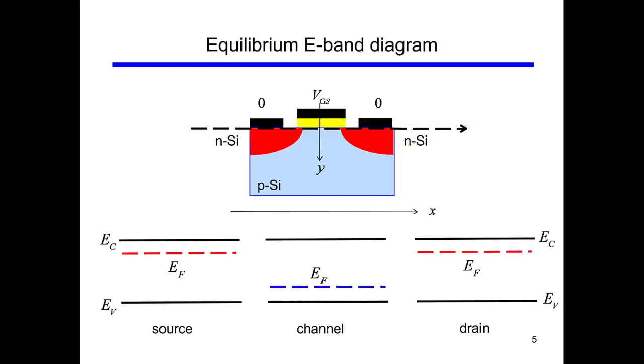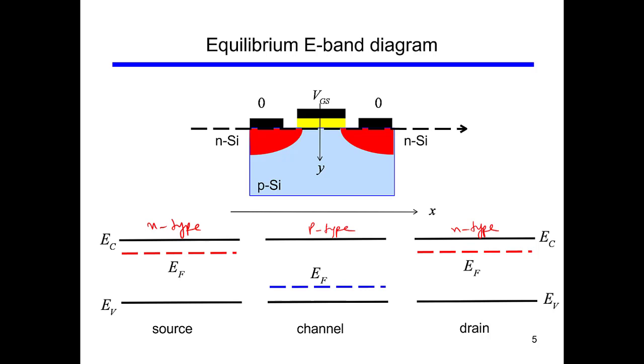So again, we can draw the energy band diagram of n-type material. Our source is n-type, our drain is n-type, and this is our channel, which is inside a p-type material.